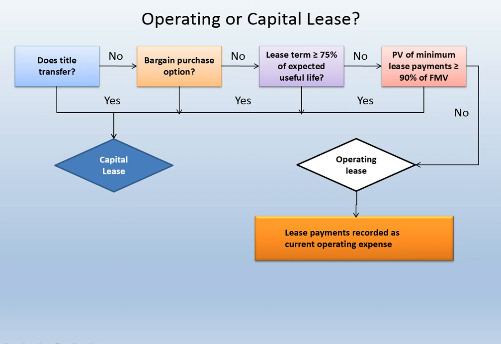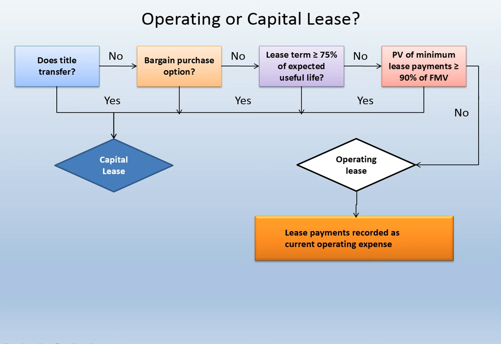The idea here is that a capital lease is going to be accounted for basically in the same way as if we had purchased an asset. In other words, the Financial Accounting Standards Board is concerned about something called substance over form.